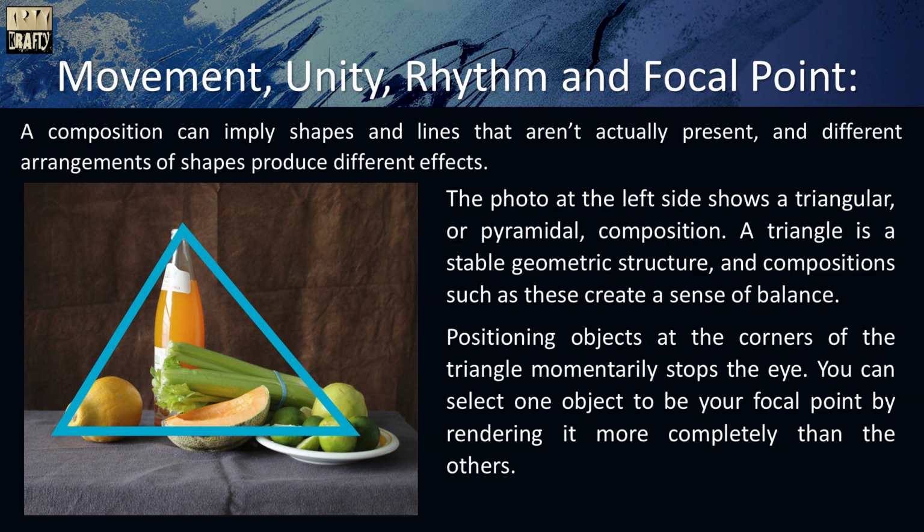A triangle is a stable geometric structure and compositions such as these create a sense of balance. Positioning objects at the corners of the triangle momentarily stops the eye. You can select one object to be your focal point by rendering it more completely than the others.